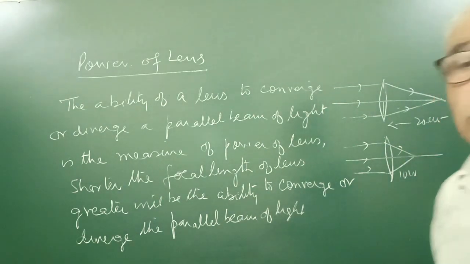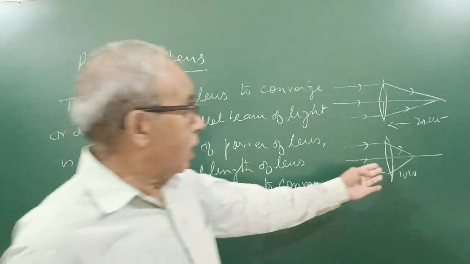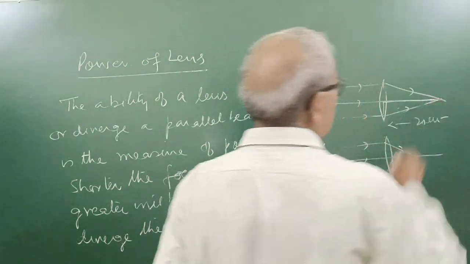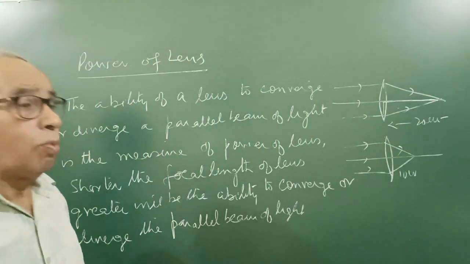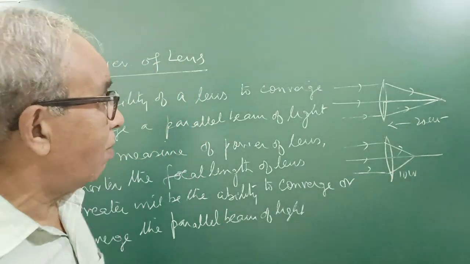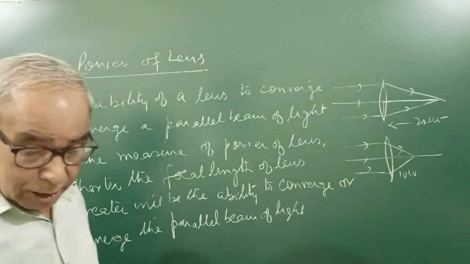So who is converging more? The lens of focal length 10 centimeter. This is the focal length, but the focus of a lens is defined as the point where a parallel beam after refraction through the lens really converges or appears to diverge.